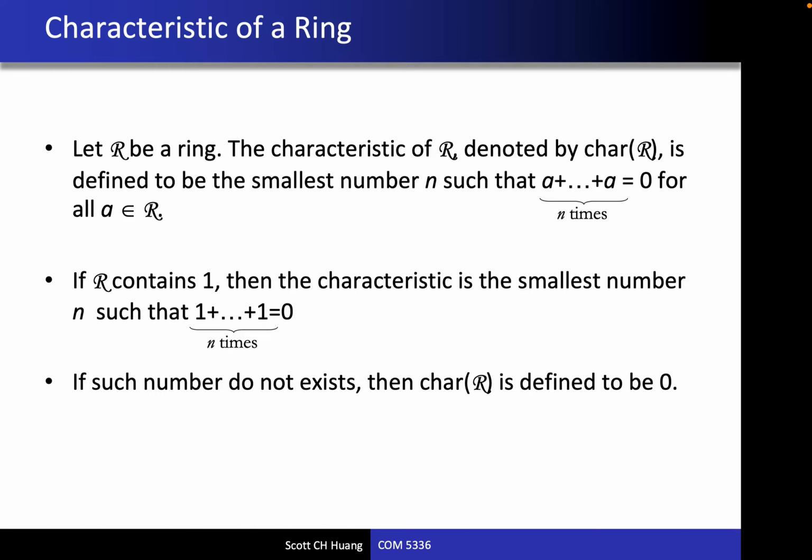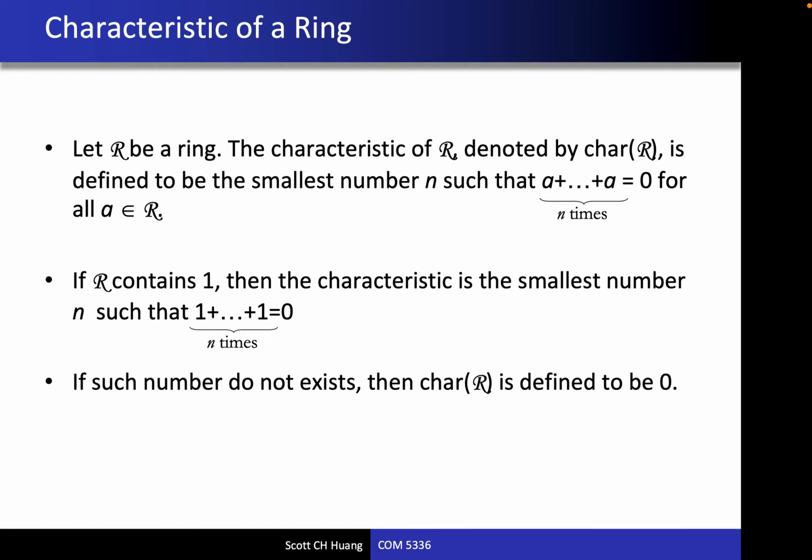However, if the field itself is finite, then there must be a collision. I should say, let me use other words: there must be a repetition, because if you're working in a finite set and you keep adding these numbers, the act of adding will introduce different numbers if no repetition happens.